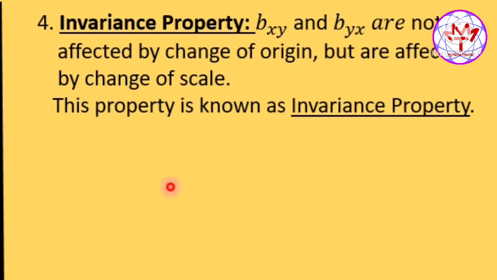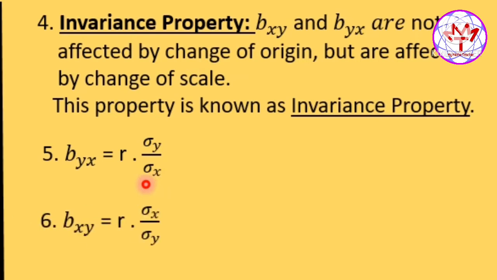Then the next property is the formula for finding out the value of byx. Now byx is equal to r into sigma y upon sigma x. And the value of bxy can be calculated by using the formula r into sigma x upon sigma y. Now we know that sigma y is nothing but the standard deviation of y and sigma x is the standard deviation of x.